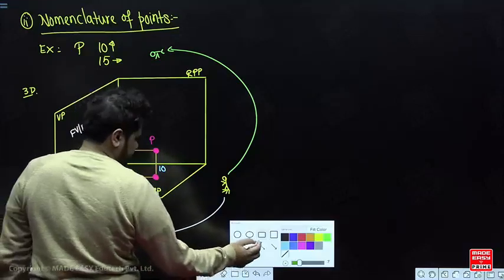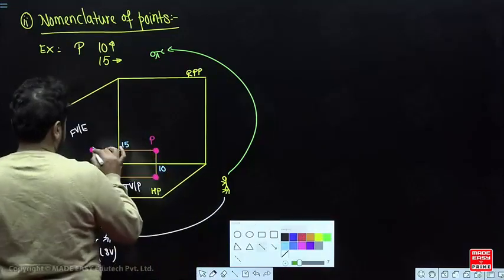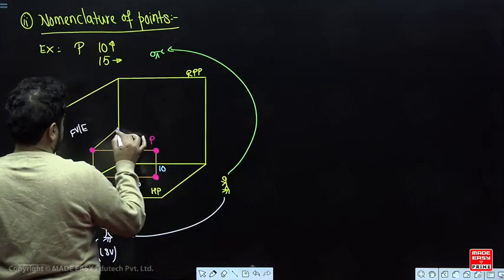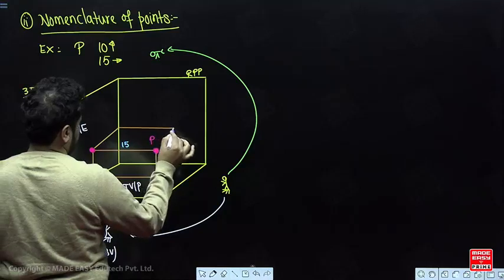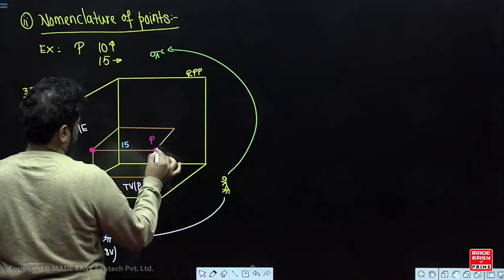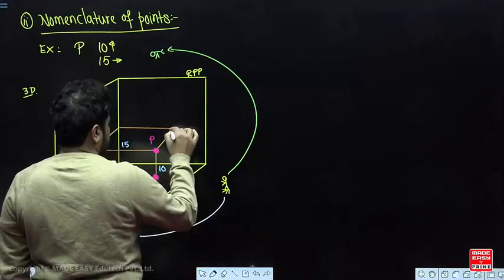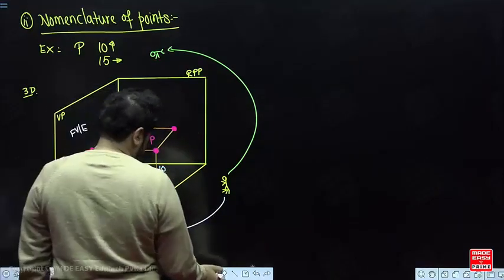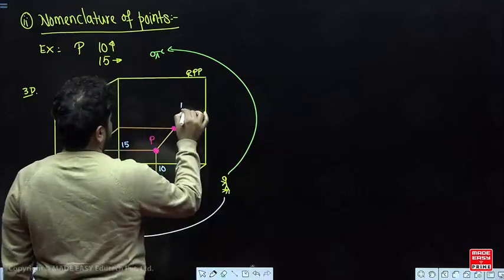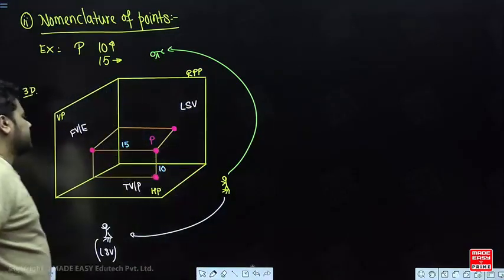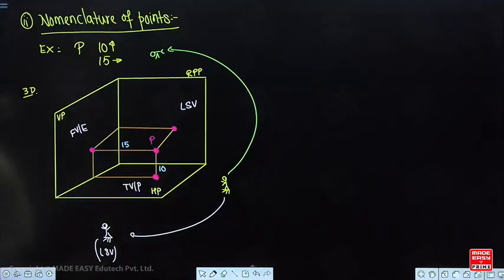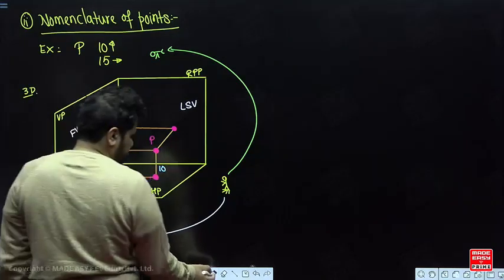Where will its projection be? Here will be its projection. So this view will be called the left side view. Now rather than calling them front view, top view, left side view, let us rename them.